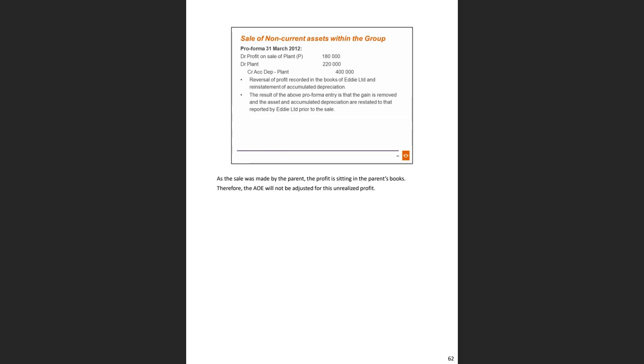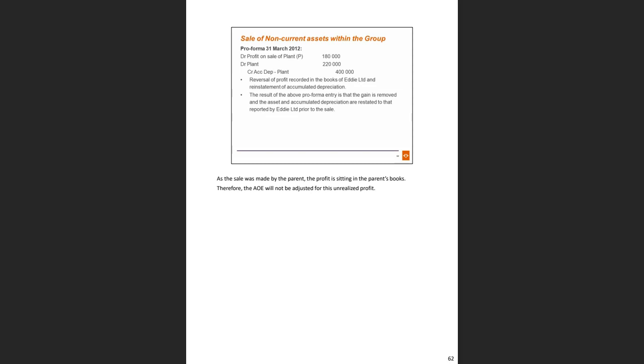We are pretending that the sale didn't take place. So currently Sandy is showing the asset in its books for 780,000 Rand, but we know the original cost was 1 million. So we're going debit plant 220,000 Rand to bring the 780,000 Rand up to its original cost of 1 million.